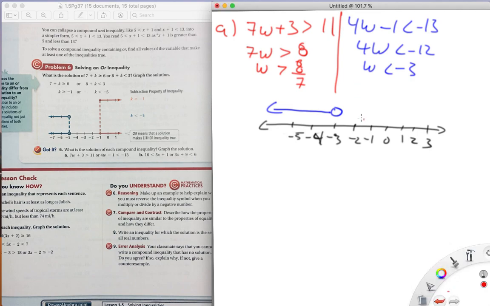For W greater than 8/7, which is about 1.1, I have an open circle here, and it goes that way. Remember, these are OR situations. They don't tend to intersect. Alright, so that's A. So let's look at B.